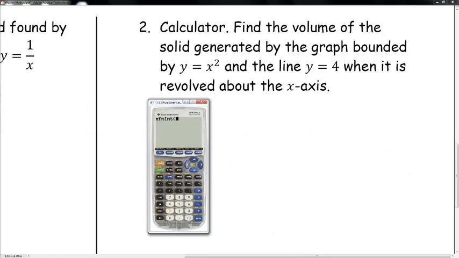And I'm going to go to variables, y variables, function, I'm going to do y2 and square it, minus, again back to variables, y1, square that one as well, and then comma, our independent variable x, and then -2 to 2. And there we go. That's the volume of our washer.